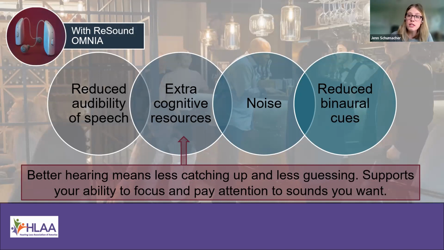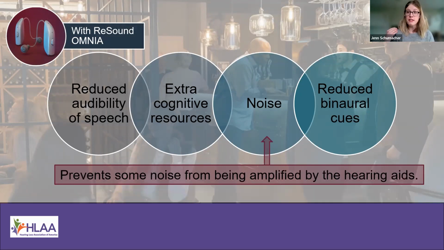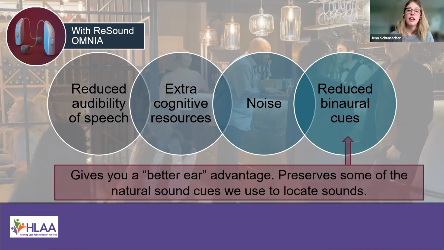Extra cognitive resources: because you're hearing better, you don't have to catch up and guess as much, so that helps free up your brain to do other things and not feel so exhausted after these kinds of situations. We prevent some of the noise from being amplified by using directional microphones. And then we also help preserve some of those binaural cues. So the hearing aids can actually manipulate, and with that wireless streaming that goes back and forth, also help in that case as well.